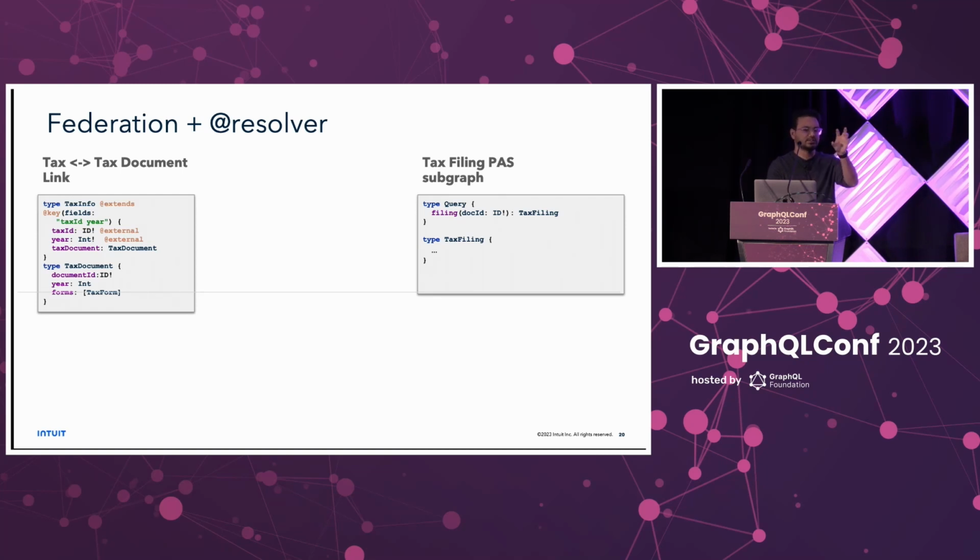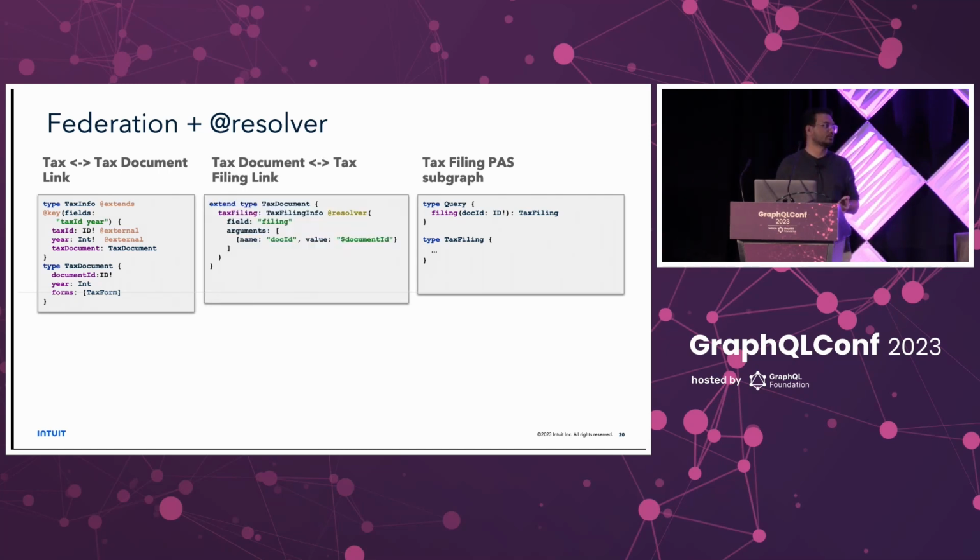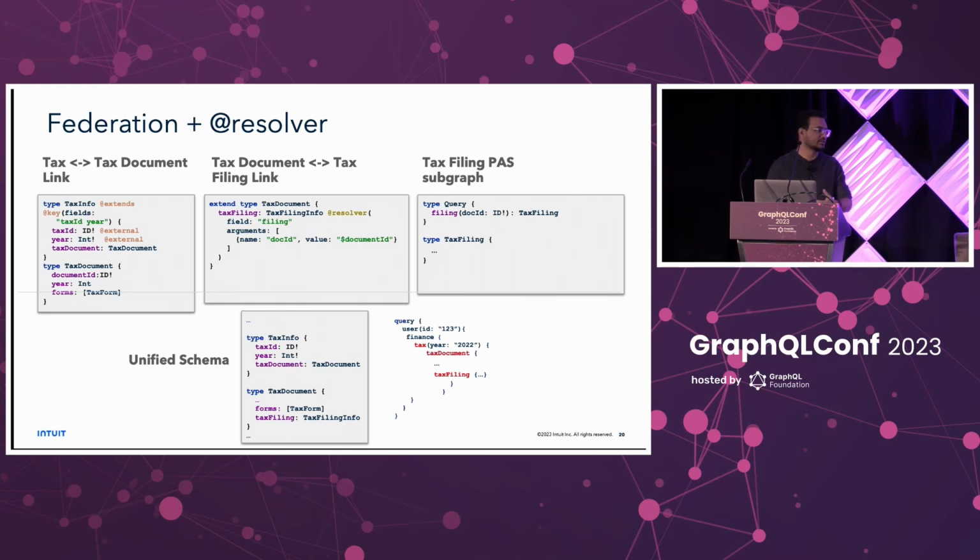The tax filing information needs to be part of the tax document type. For that, we use resolver. So we have this use case where we have stitching with federation, and the next level of stitching happens with the resolver directive. The unified schema is very standard. The tax info has a tax document, which has a tax filing, and the client can query all three services, subgraphs together in a single query.